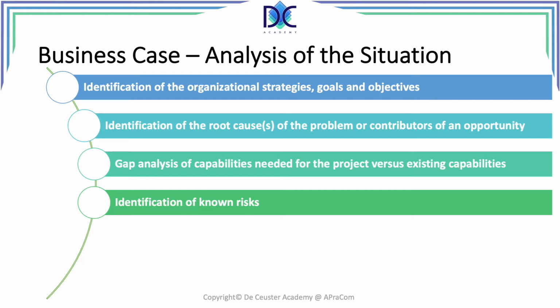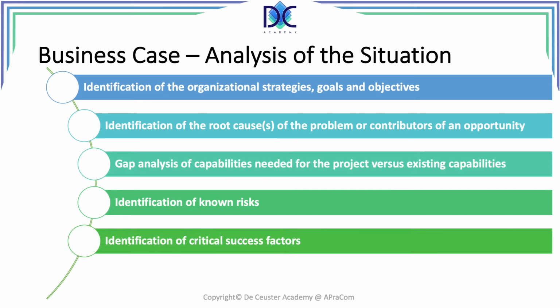Of course, we can identify more risks later when we are doing the planning of the project. The next thing is the identification of the critical success factors. It's very important to understand when we can consider that our project is a success. And we have to do that very early, because if we don't define the project success factors, we may have difficulties later to define what we really want.